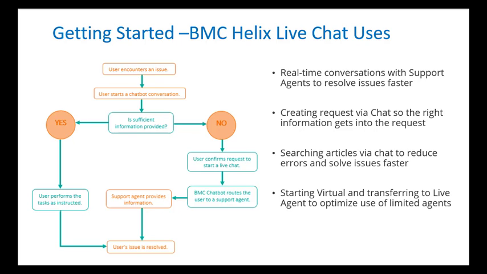If sufficient information is provided, the user performs the task as instructed and the issue is resolved. If sufficient information is not provided, the user confirms the request to start a live chat. BMC Chatbot routes the user to a support agent, and the agent will provide additional information and resolve the issue.